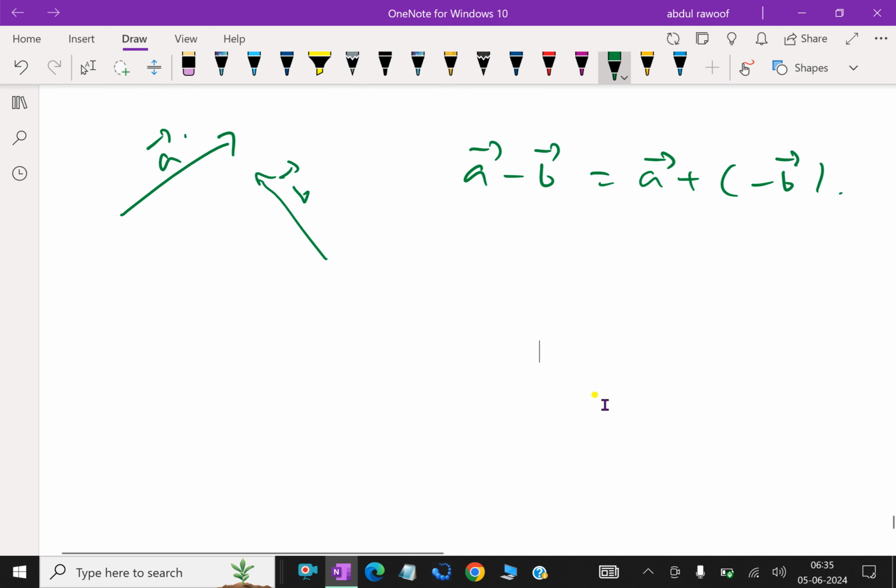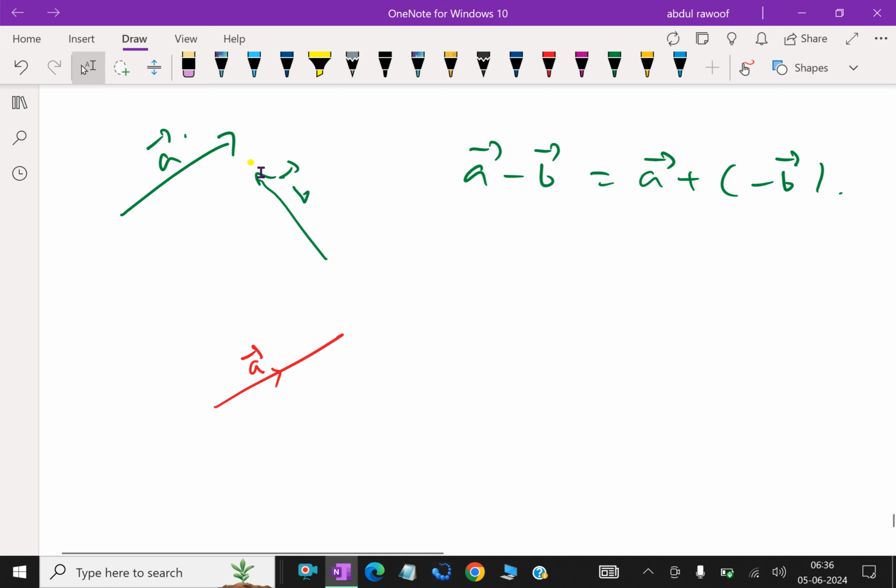So here, vector A we have to draw in the same direction and parallel to that vector. That means look at here, this is vector A. Then we have to draw vector B in the negative direction.